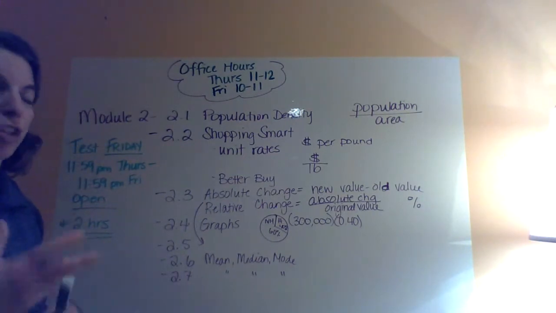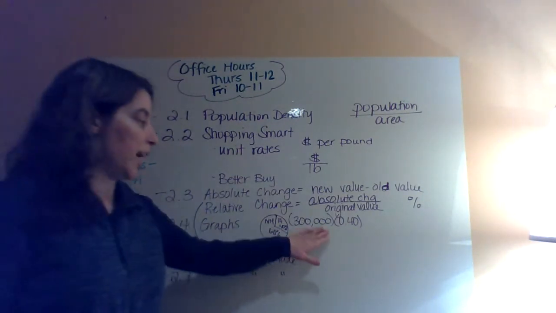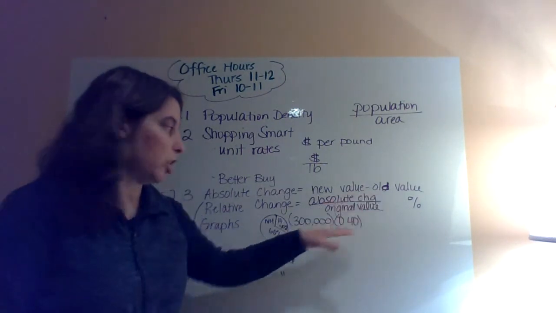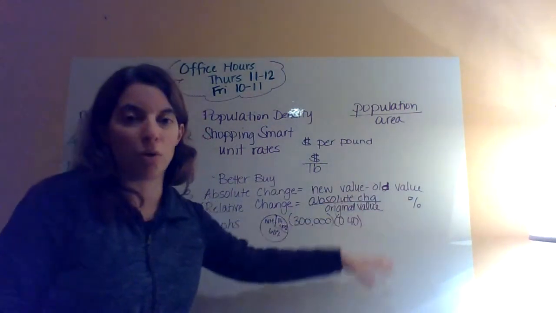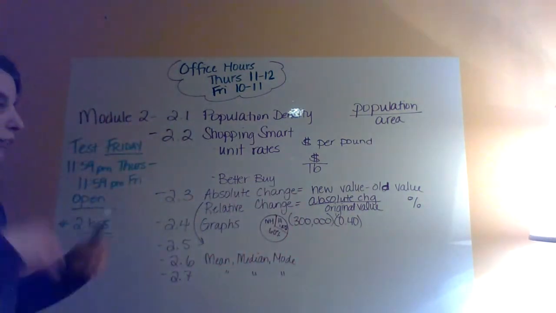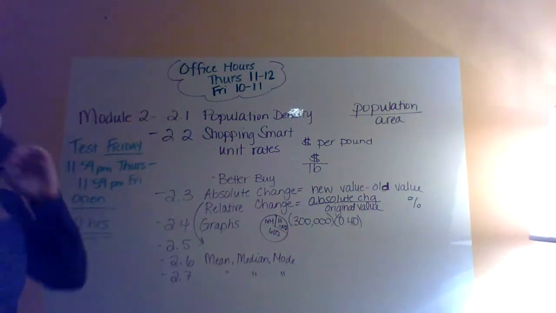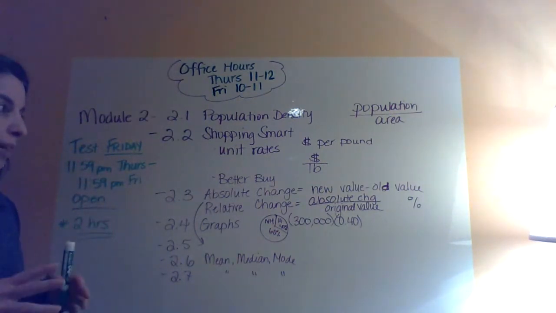So what you'll do is, if you typed in 300,000 times 0.40 on your calculator, that's the work you would put in the box so we know what you did. Some of them may lend themselves to a written explanation also of what you did. So just remember to put as much work and detail as you can in those boxes.